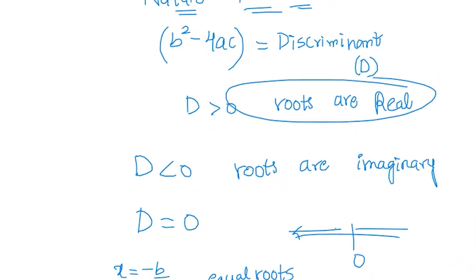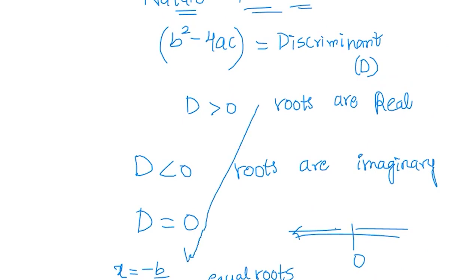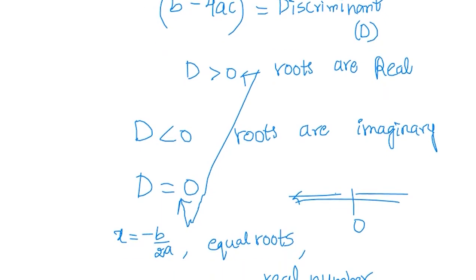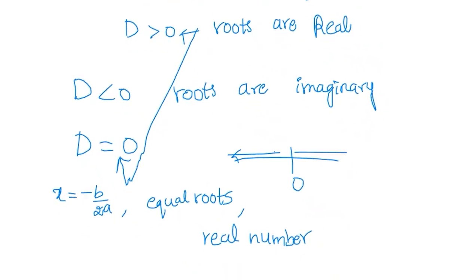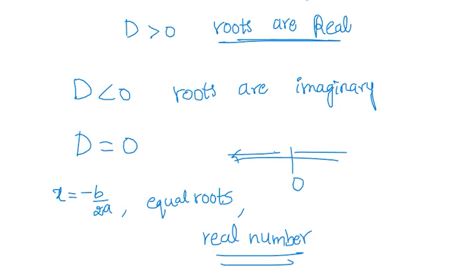How can you distinguish between the first case and the last case? How can we distinguish between D greater than 0 and D equal to 0? Here also roots are real, and here also roots are real.